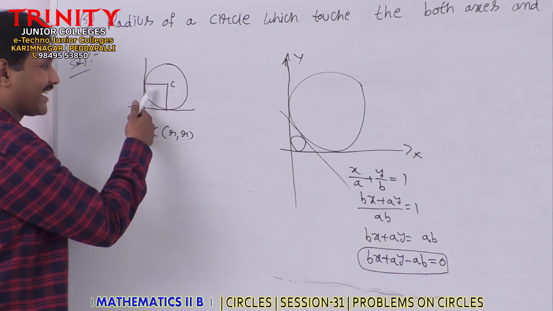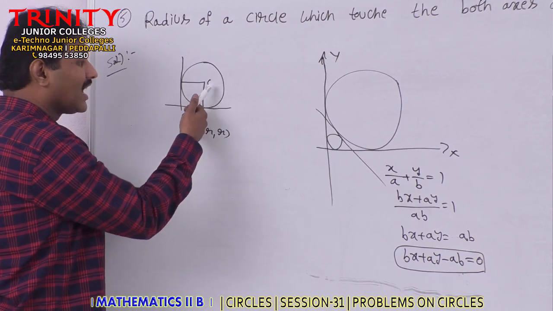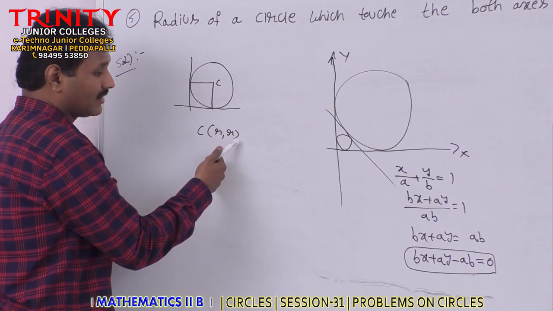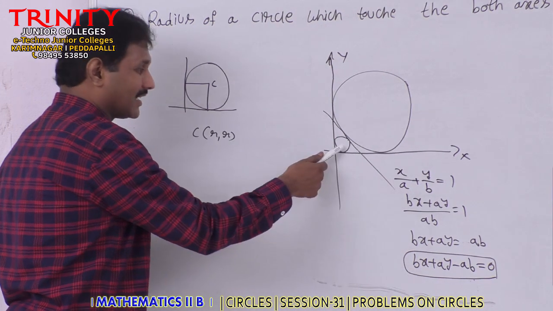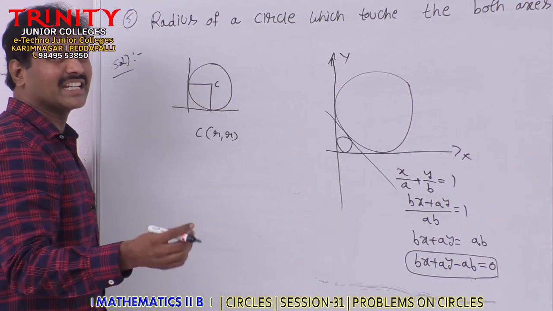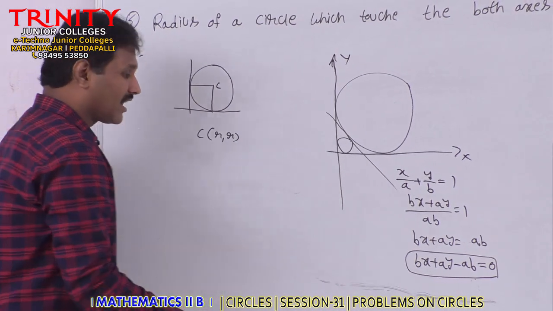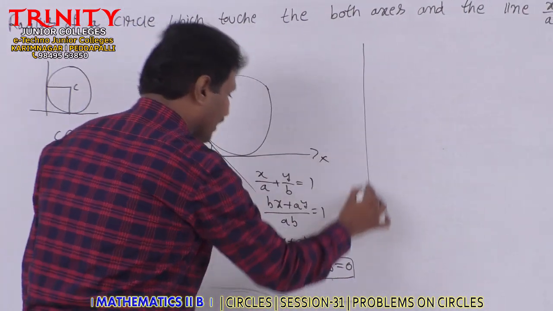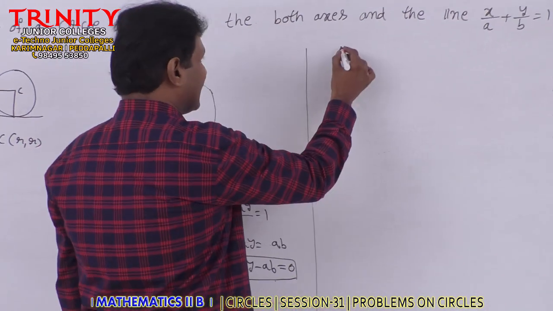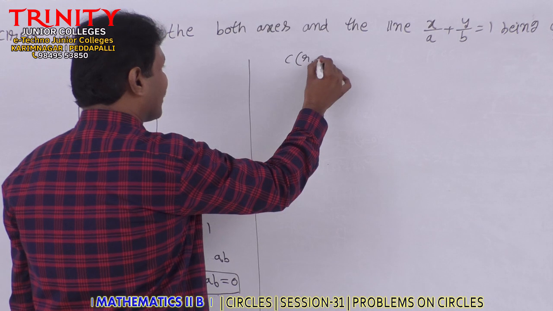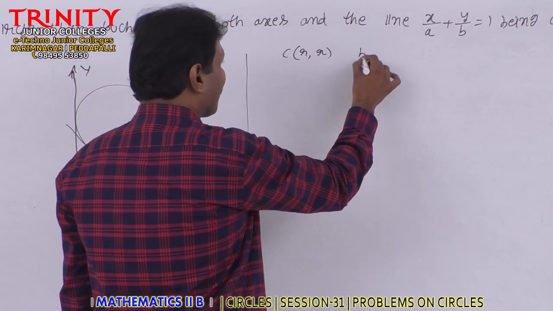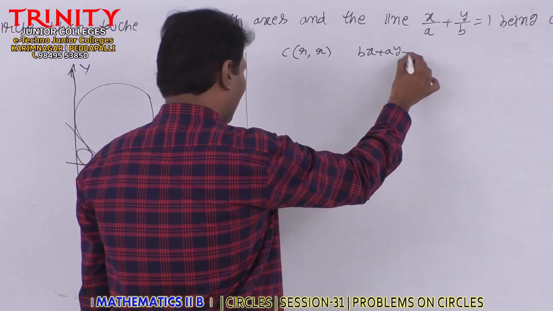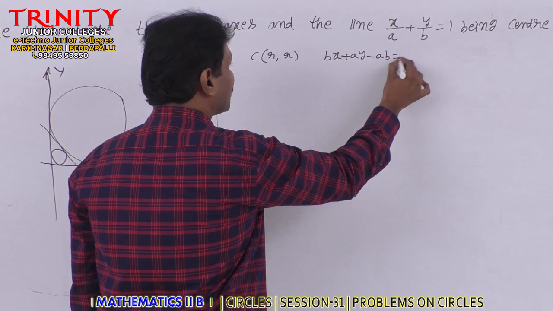We know that any circle touching both the coordinate axes has center (r, r). This line is a tangent to the circle, so we apply the condition of tangency. The center is (r, r) and the line is bx + ay − ab = 0.